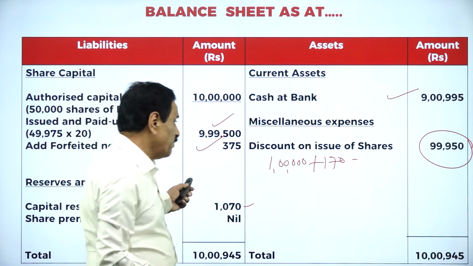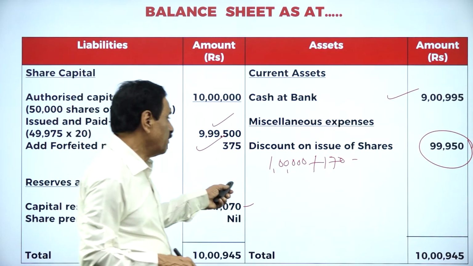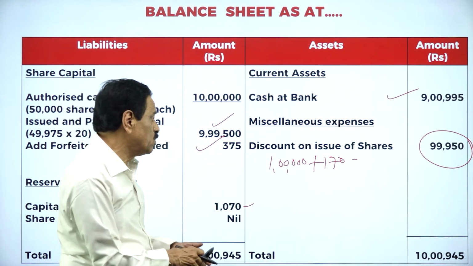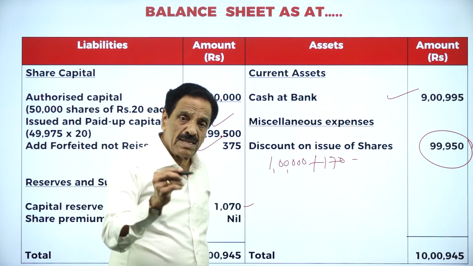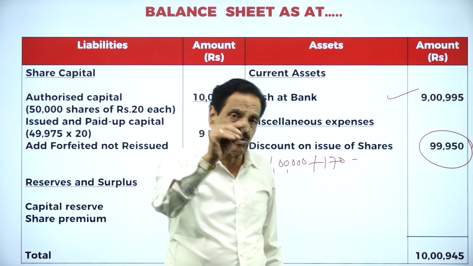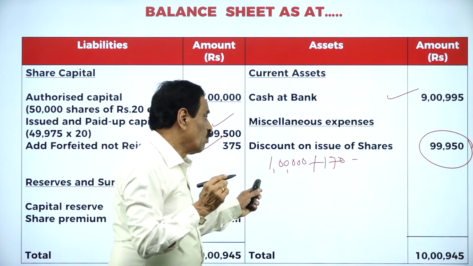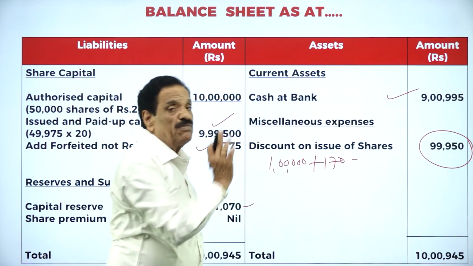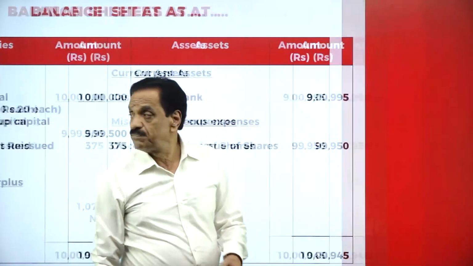If you take 220 minus 170, that is 50, and 1 lakh minus 50 is 99,950. So 99,950 should be shown on the asset side of the balance sheet.